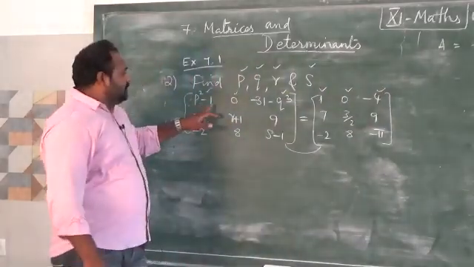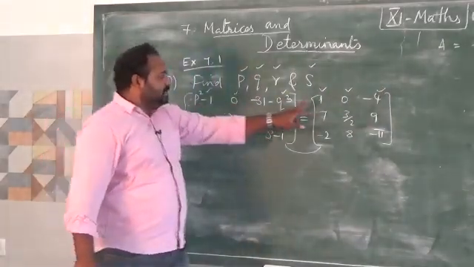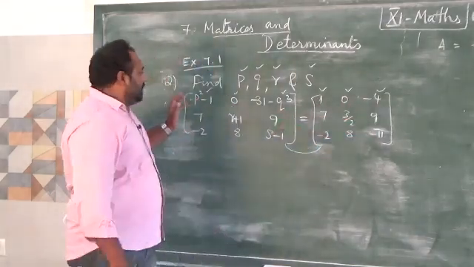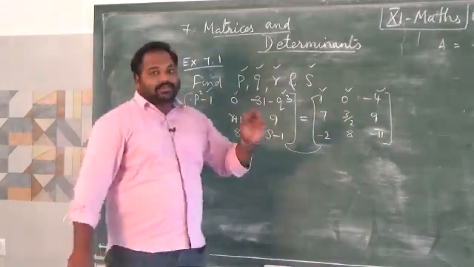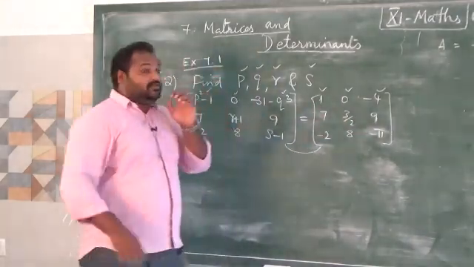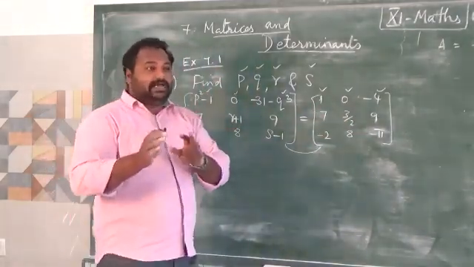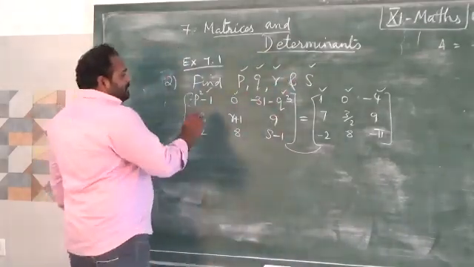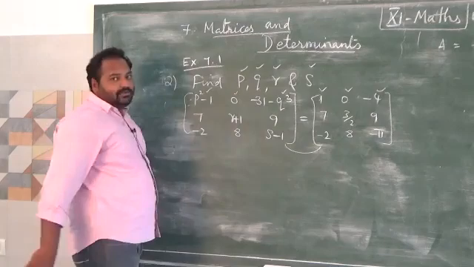So A11, A12, A13 here match A11, A12, A13 there. Using this definition, I am going to find the required values.